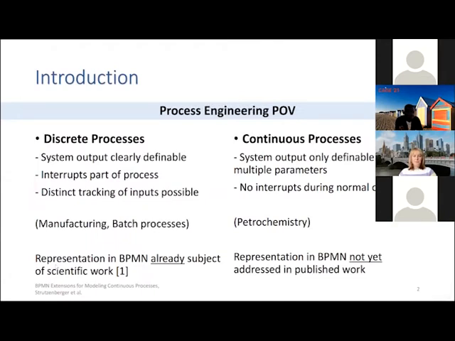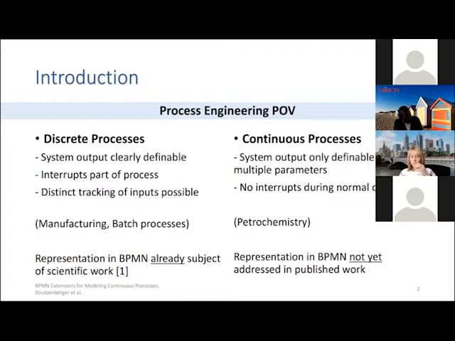As a quick introduction to the motivation behind this topic, discrete and continuous processes differ in many ways, such as the identification of system outputs, the handling of termination and interrupts, and of course also assigning inputs to the received outputs of the processes.